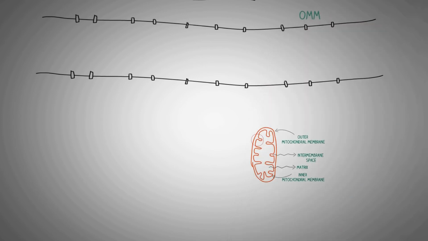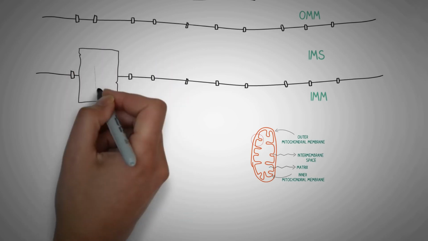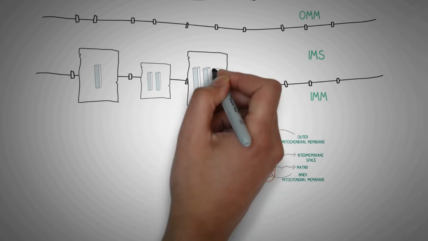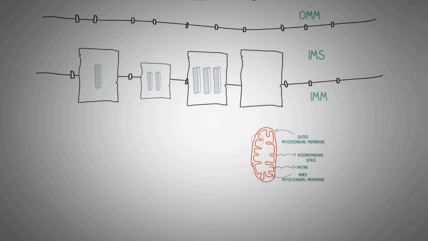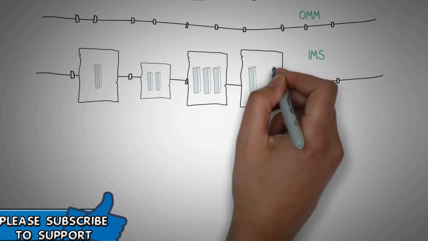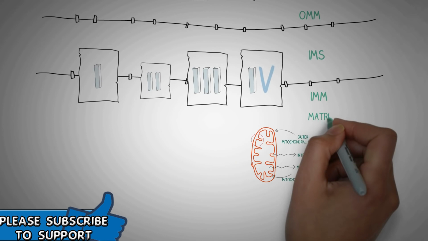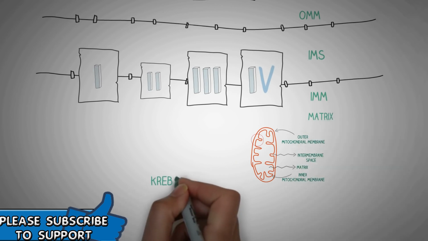So here we have the outer mitochondrial membrane, the inner mitochondrial membrane, and the intermembrane space. The inner mitochondrial membrane contains 4 sets of enzyme complexes which are named from 1 to 4 in Roman numerals. The matrix of the mitochondria also contains numerous other cycles like the Krebs cycle and beta oxidation.